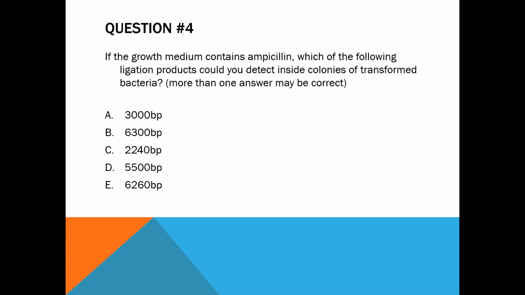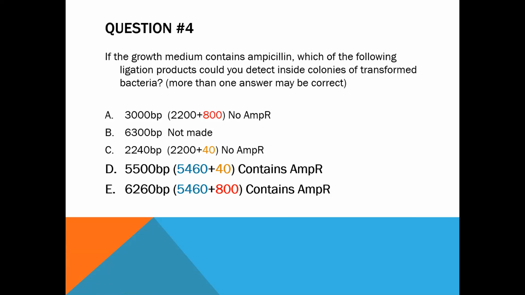Looking at the numbers we had, from the answer choices we were given before, the ones that are the 2000s, those don't have ampicillin resistance. And then that gives us two possibilities. The one where the 40 base pair just went right back in, and then one that has an extra 800 base pair because that's now carrying the miraculin gene.